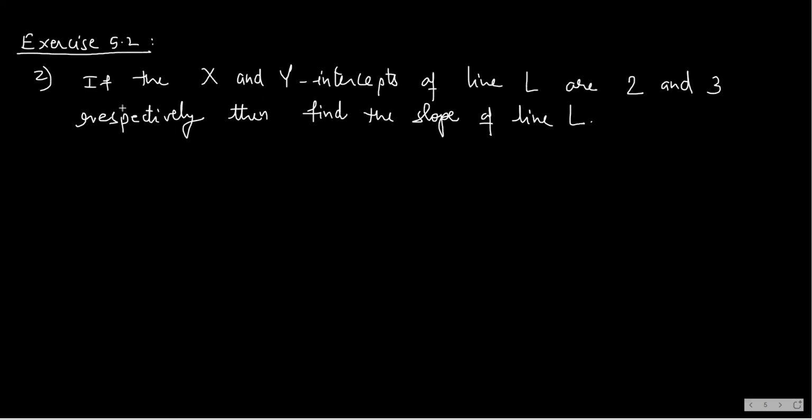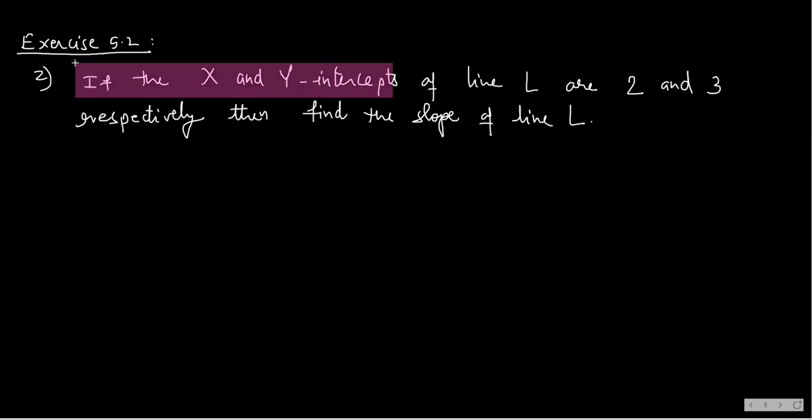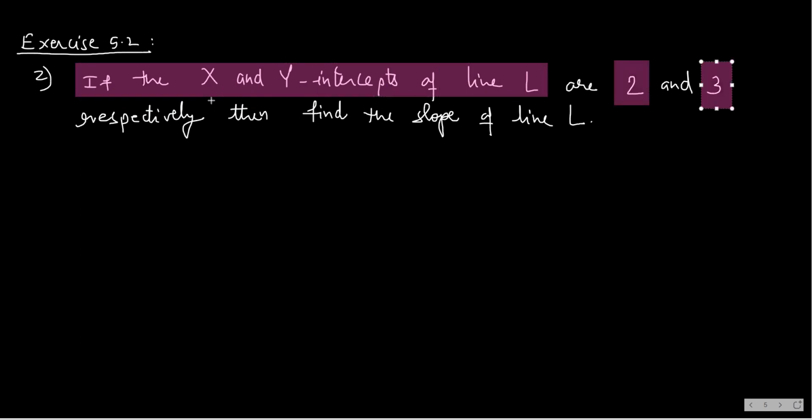Here we have a question, students, based on the concept that we did. It says, if the x and y intercepts of line L are 2 and 3 respectively, they give us the x-intercept and y-intercept of the line as 2 and 3. Then find the slope of line L. We have to find the slope of line L. So I start with the answer.